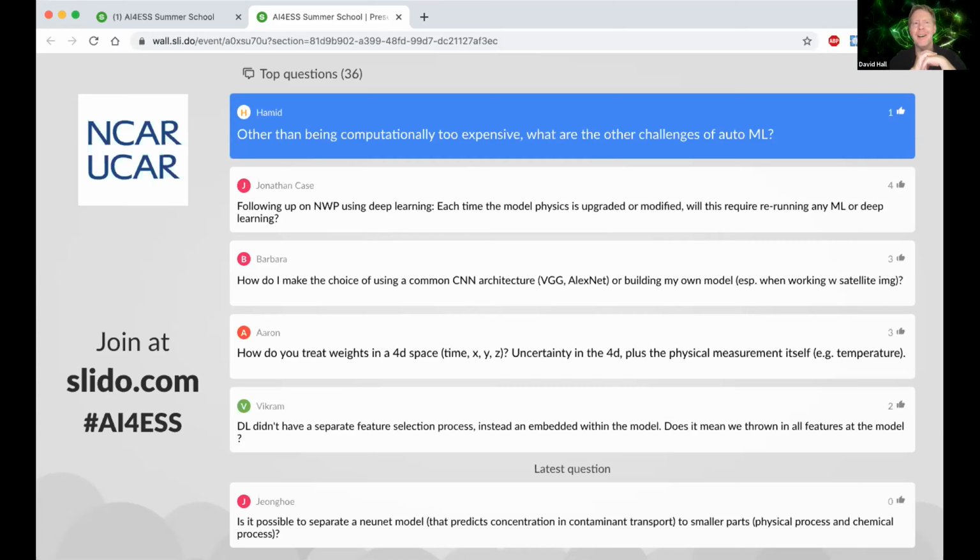Although I presented AutoML in my talk, I'm not an expert on this subject. It's something that the cloud computing guys love, because if you can get AutoML working, you don't need all these deep learning scientists with 10 years of experience anymore. You just need data, and then the computer does everything for you. It's a nice idea, but there's a long way to go before we get there.